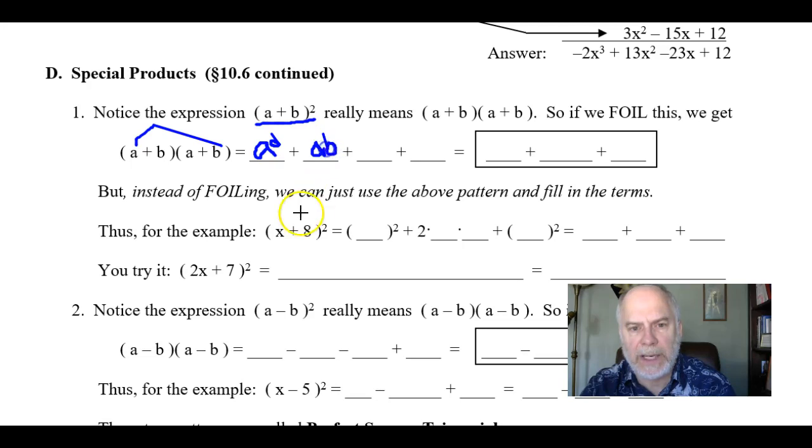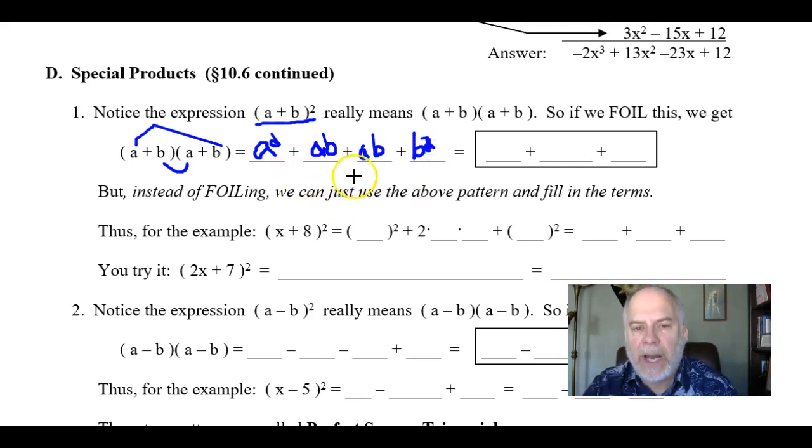And then the inside terms, b times a. But b times a is the same as a times b. So I'm just going to write it alphabetically, a times b. And then the last things that are in each binomial, b times b, would be b squared. Okay, that's supposed to be a 2.